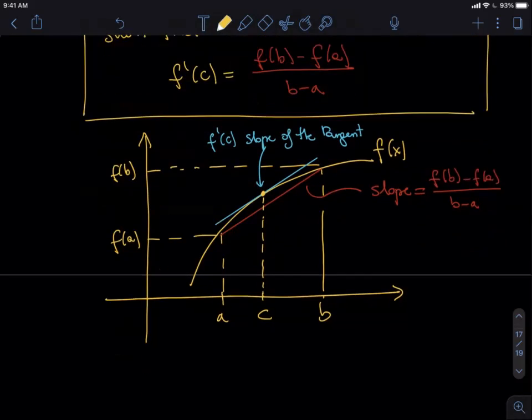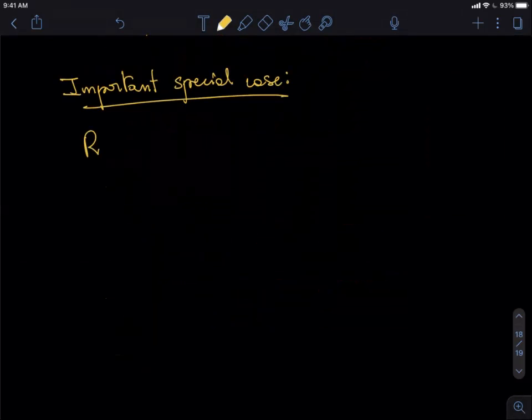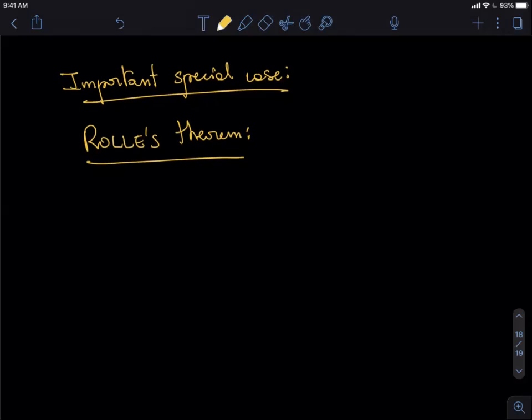Now, there is one very special case that we need to know. It is an important special case called Rolle's theorem. It's very similar.